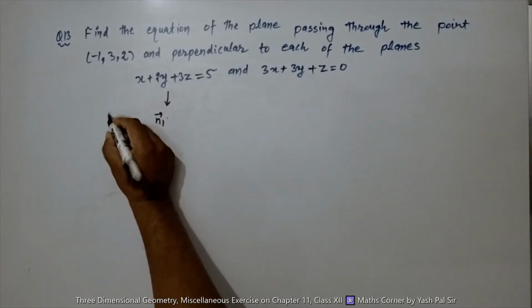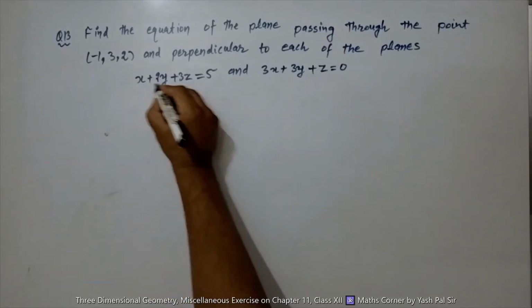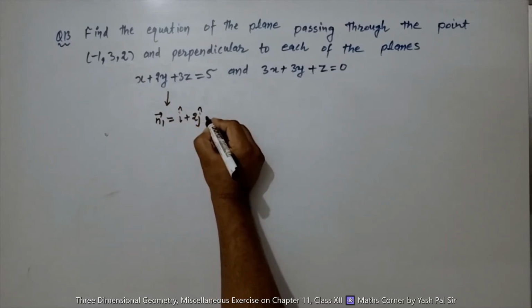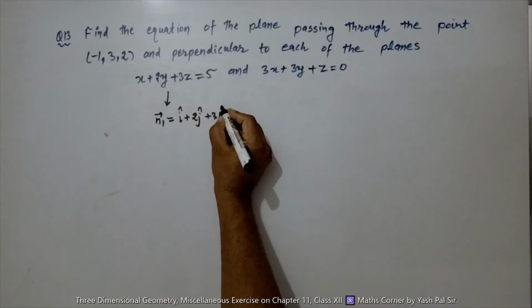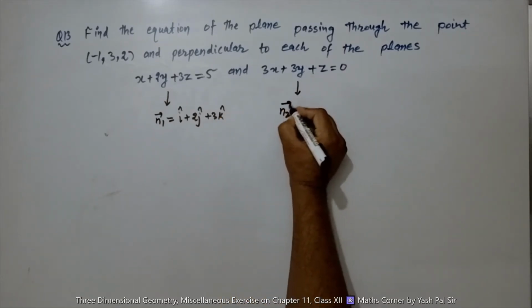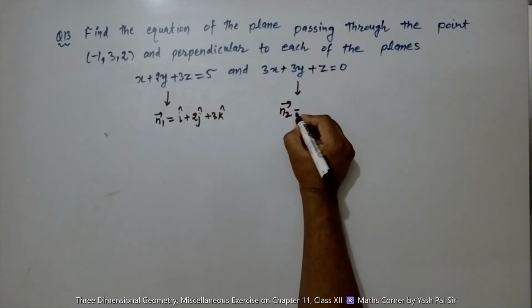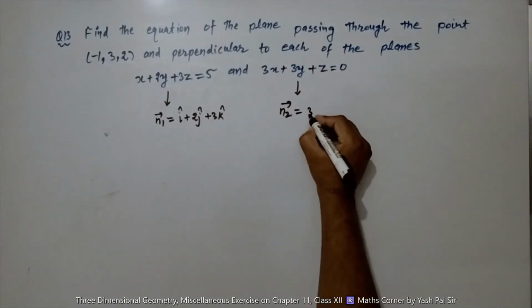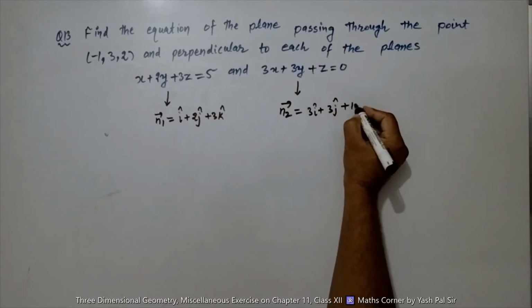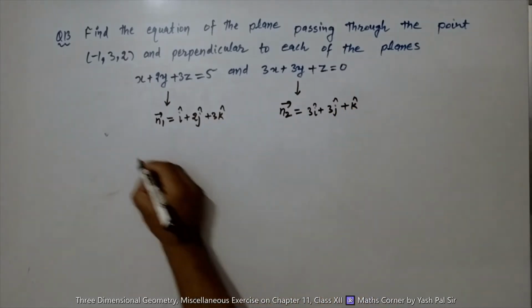The normal to this plane, the direction ratios, is i plus 2j plus 3k. Similarly from here, the normal to this second plane is 3i plus 3j plus 1k.